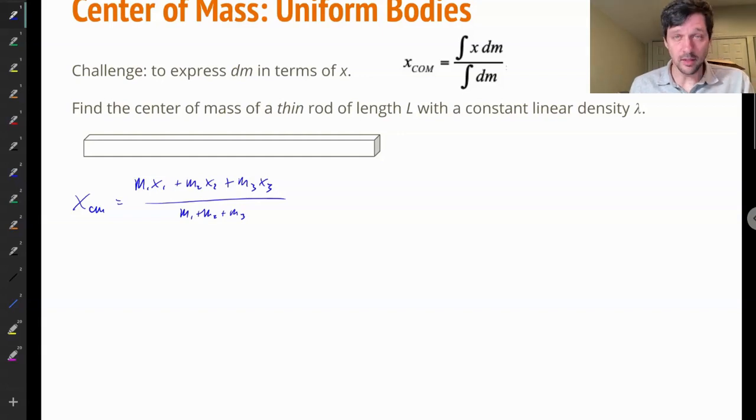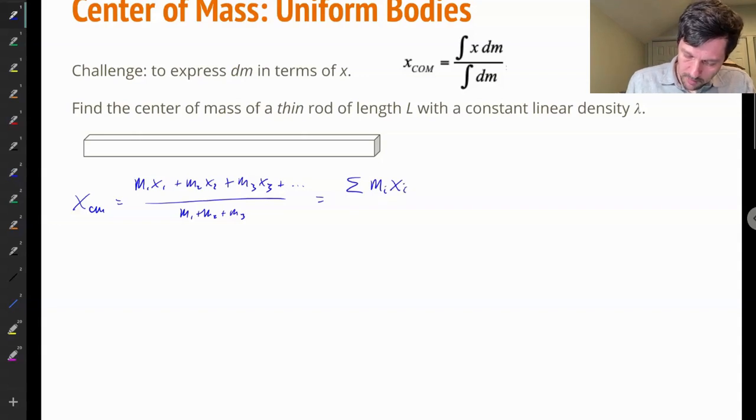This could go on as many masses as you have. And a slightly more elegant way of representing this would be to say it is the sum of each mass at their locations, some number of masses at their locations.